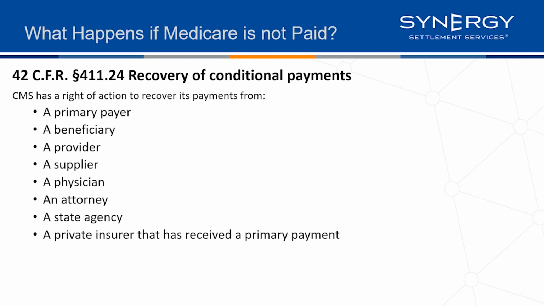The reason a lot of defendants and insurance carriers put in these overly broad, inappropriate Medicare Secondary Payer compliance templates is because they are concerned about this ability of Medicare to seek recovery for conditional payments from the primary payer.